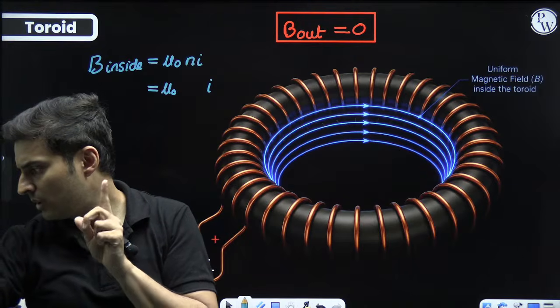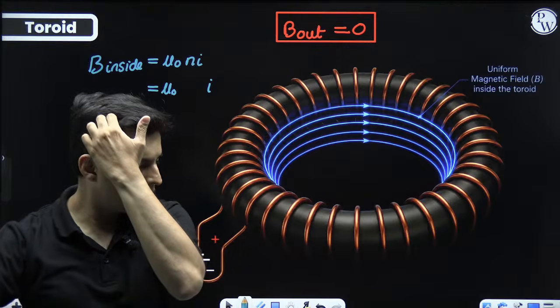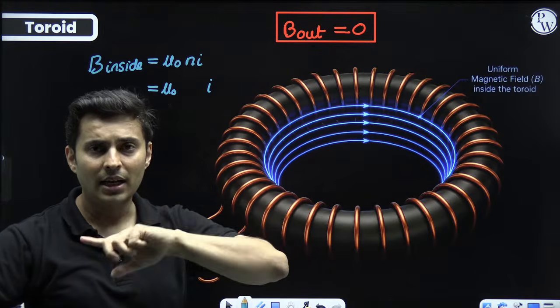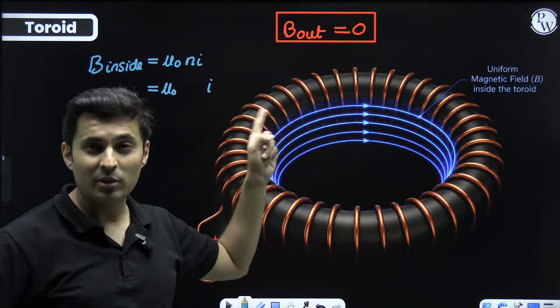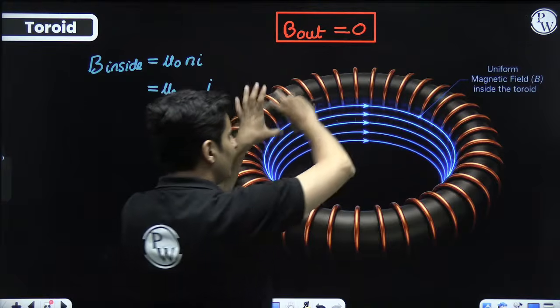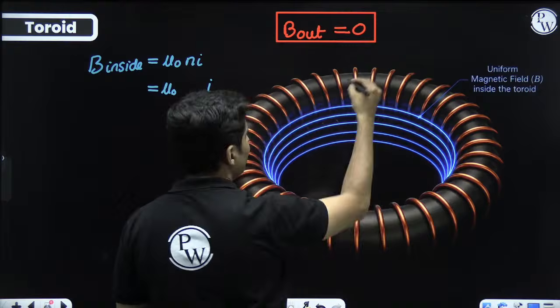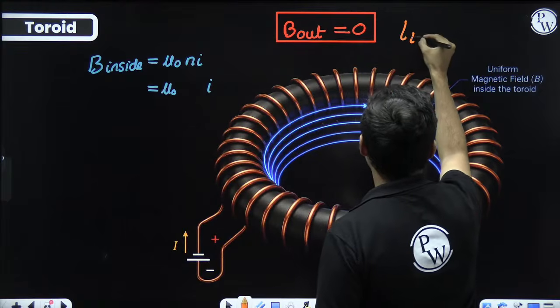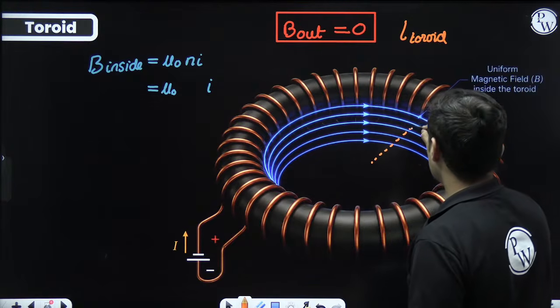Vinay Shiva Kumar, just recorrect it. Okay, you are usually given N and you are given L. What you are talking about is the toroid formula, I think. So this is the number of turns per unit length, the total length of the toroid. What is the length of a toroid, guys? Think about it. The toroid will have some radius, no?